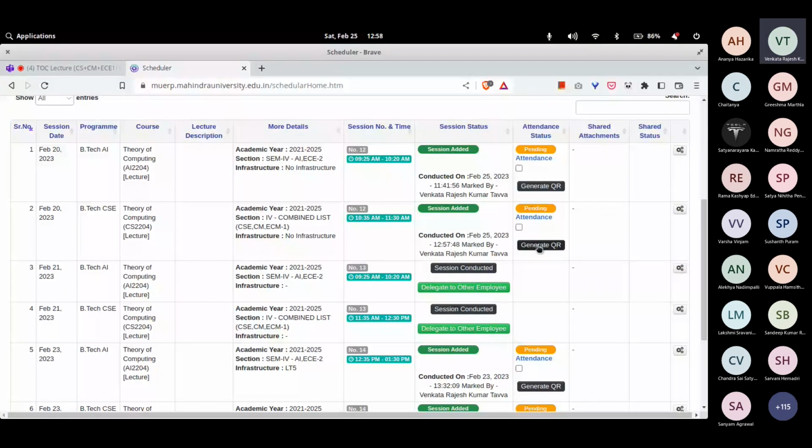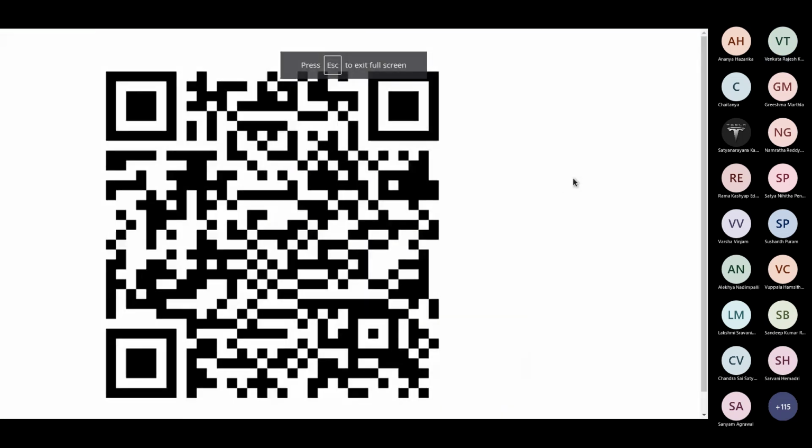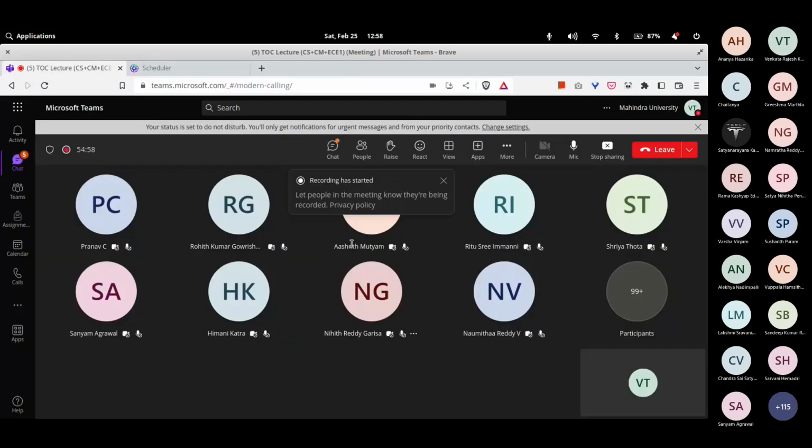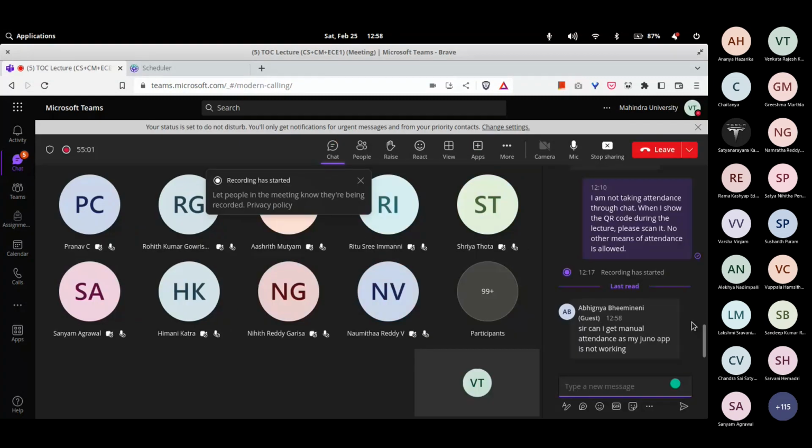I'm showing it one more time. So do scan this time. Okay, Abhignya, please type your roll number. Only Abhignya I'll mark, no one else.